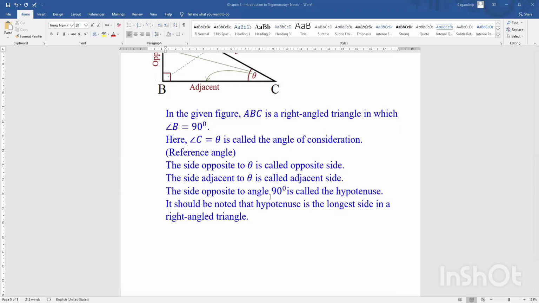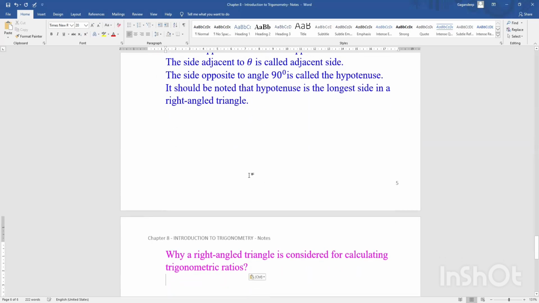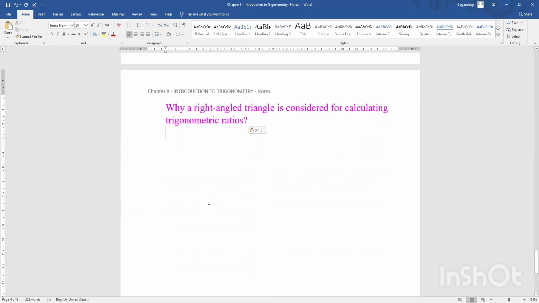Next question: why should we use this right angle triangle for calculating trigonometric ratios? That is the next question that arises in our mind. So why is a right angle triangle considered for calculating trigonometric ratios? There should be some reason, right?